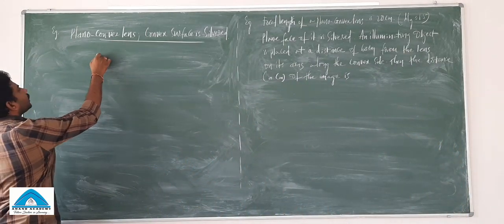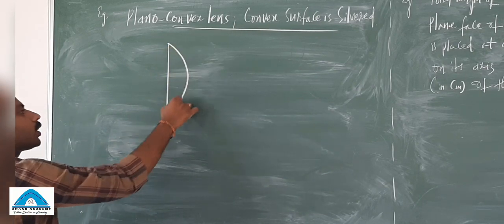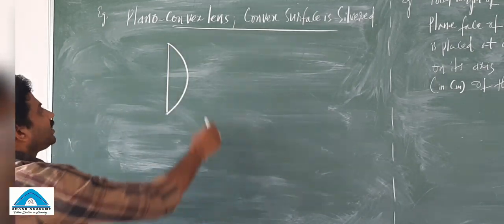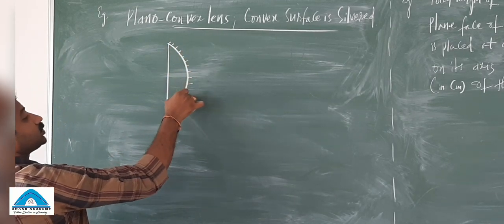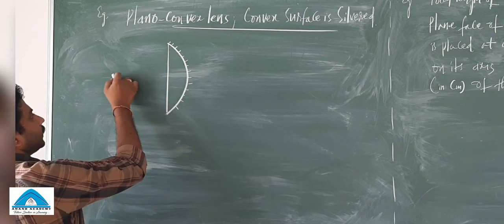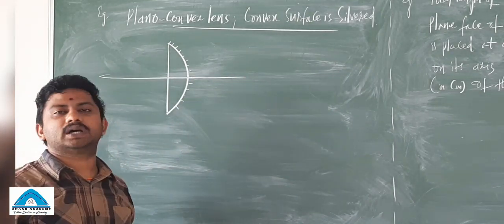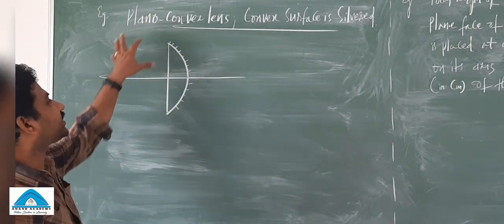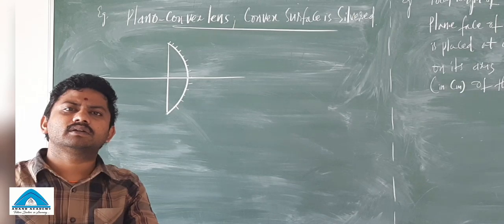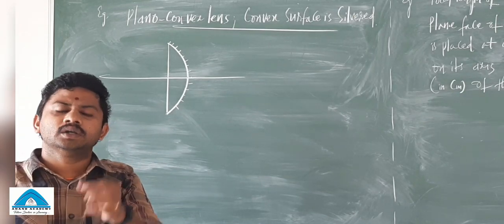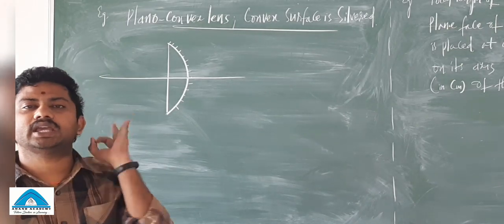Let me take this plano convex lens. The convex surface is silvered. Sometimes the plane surface can also be given as silvered. Number one, you have to remember, this system behaves as a mirror only.